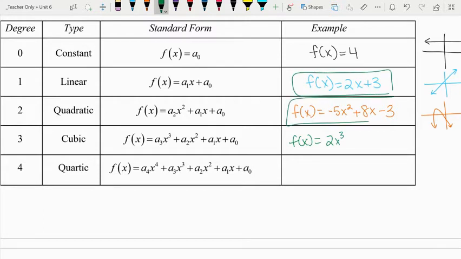This could just be something x squared. Or you could have everything but the last part. You don't have to have every single term. You could have something like -x to the 3rd plus x. That's still a cubic because the very first one, your highest power, is to the 3rd.